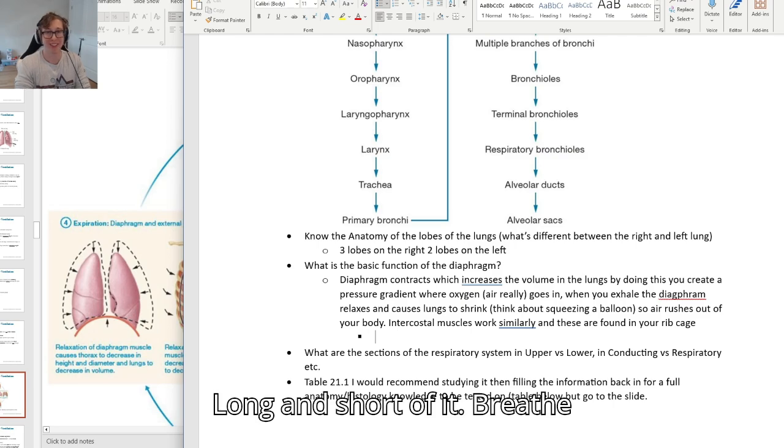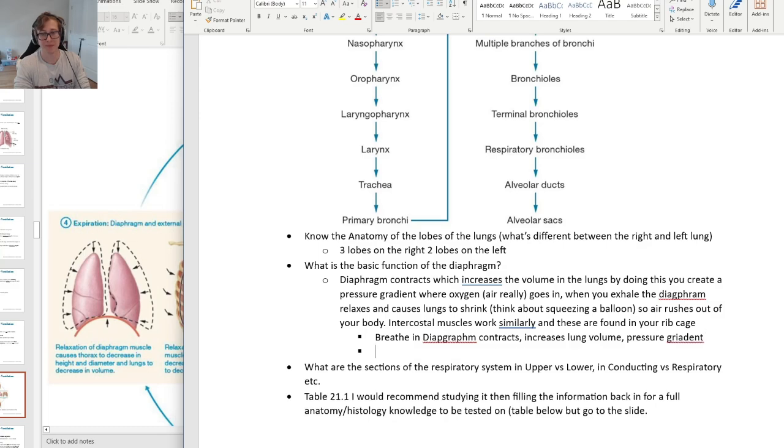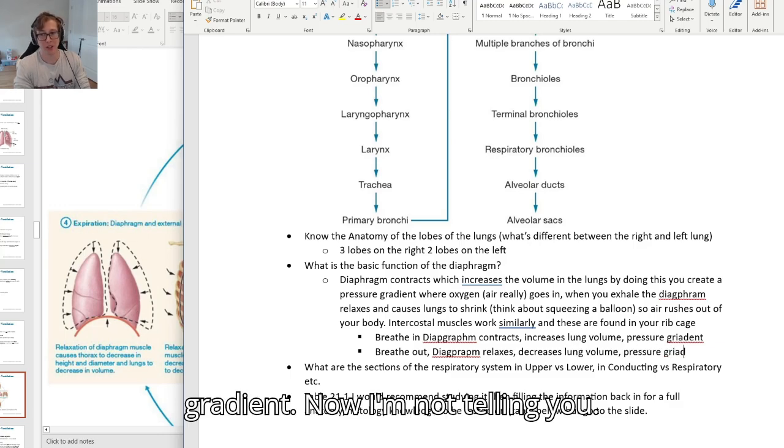Long and short of it, breathe in, diaphragm contracts, increases lung volume, pressure gradient. Breathe out, diaphragm relaxes, decreases lung volume, pressure gradient.